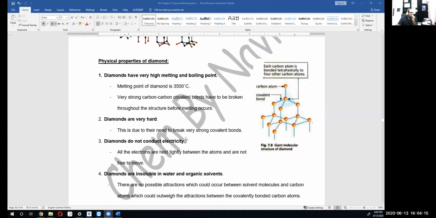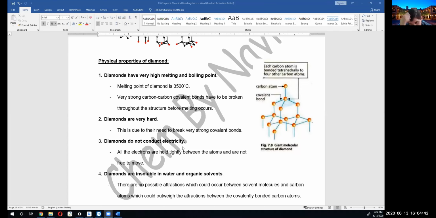And now you people are already knowledgeable. Is diamond a polar or non-polar molecule? Non-polar, because all of them are carbon atoms. So will they be soluble or insoluble in water?